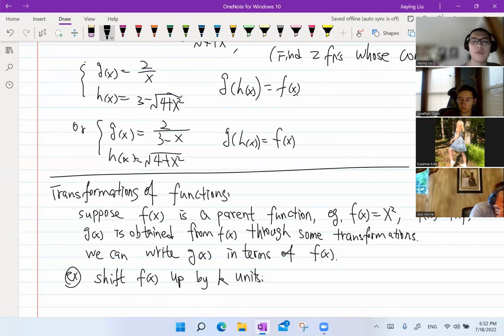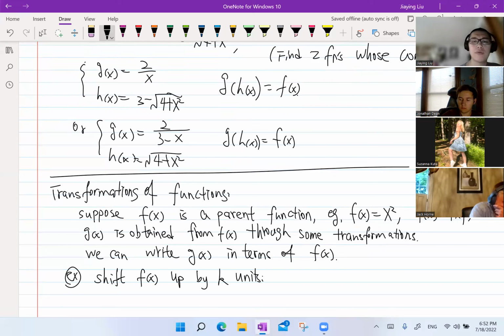Then we can write g of x equals f of x, the function itself, plus k. When we shift it up, we only change the y value, right? We don't change the x value. So it's just the function itself adding a k. Now this could also be shifting downwards if k is negative. So up or down. When we shift a function up or down, we usually add or subtract a number from f of x directly.